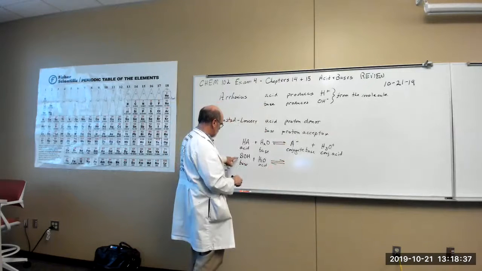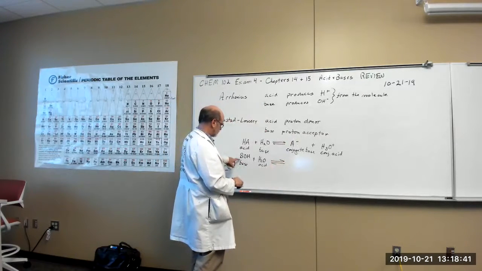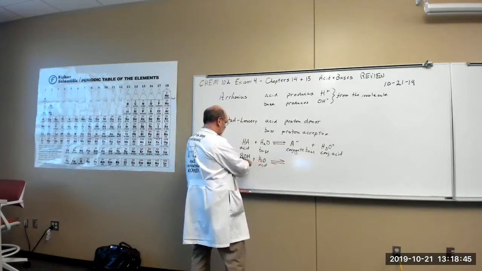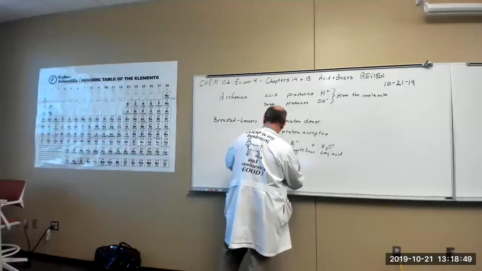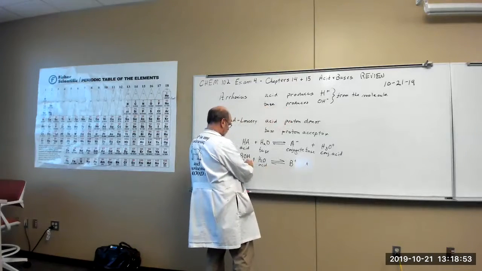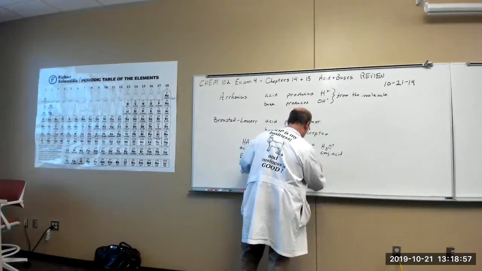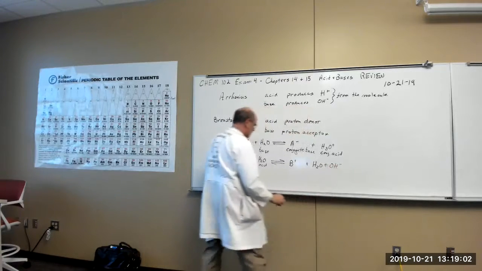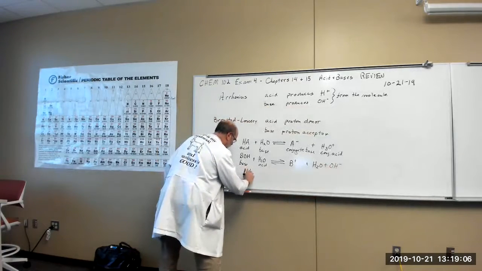And then a proton donor, if a proton goes from here, it combines with the hydroxyls to make more water plus that hydroxyl. A better example would be what happens to ammonia when we put it in water.